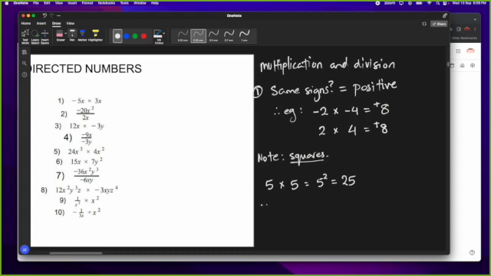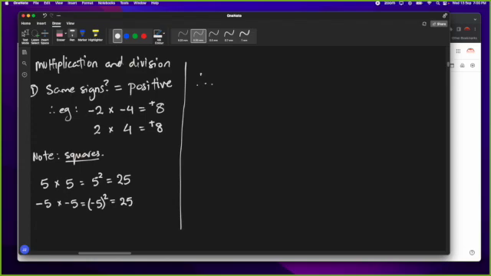Note, if I have negative 5 multiplied by negative 5, this could be seen as negative 5 squared, which will give me 25. Therefore, if I have the square root of 25, right?